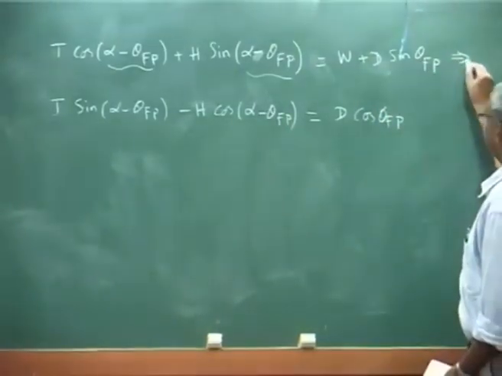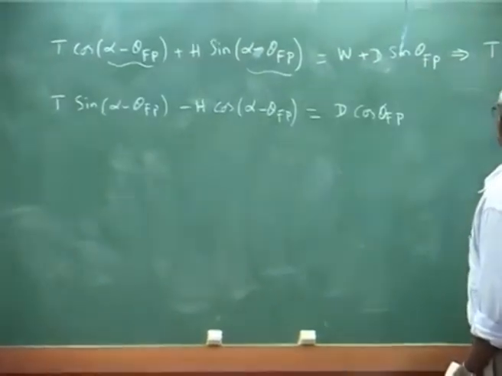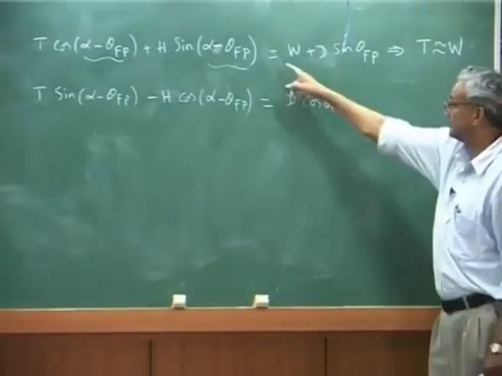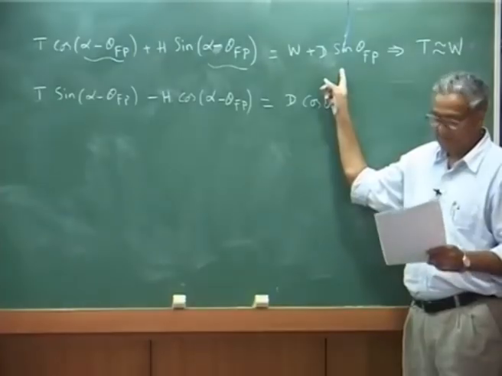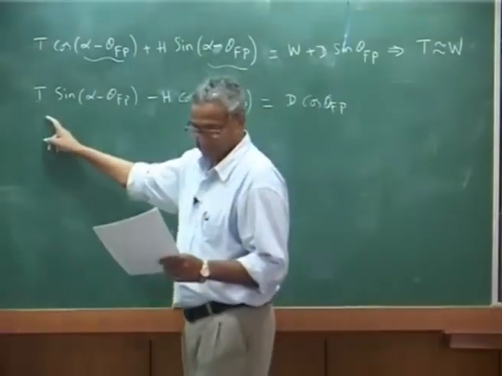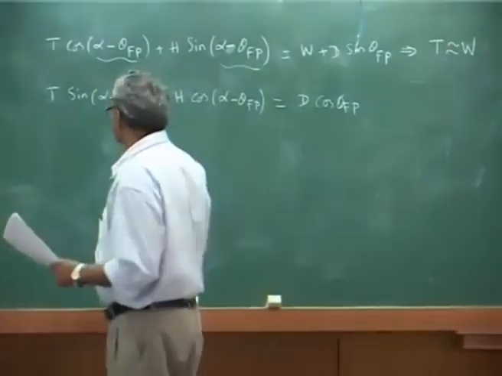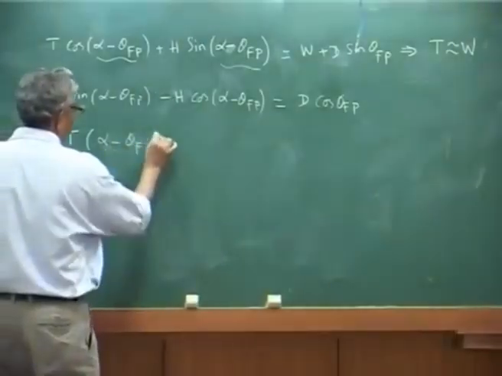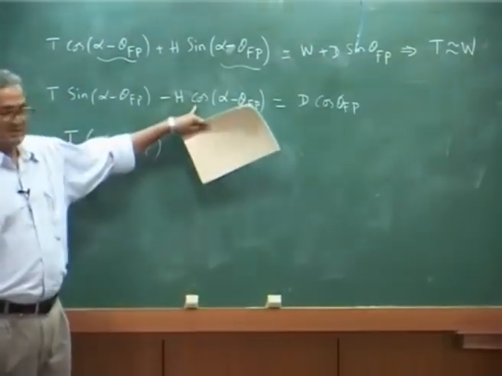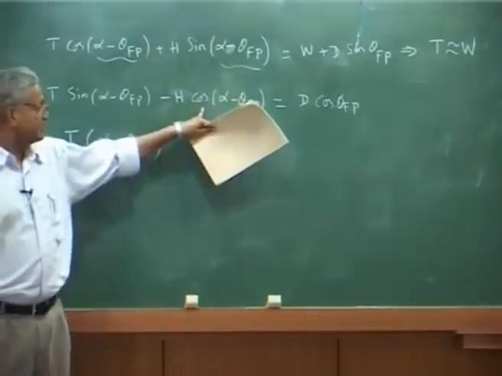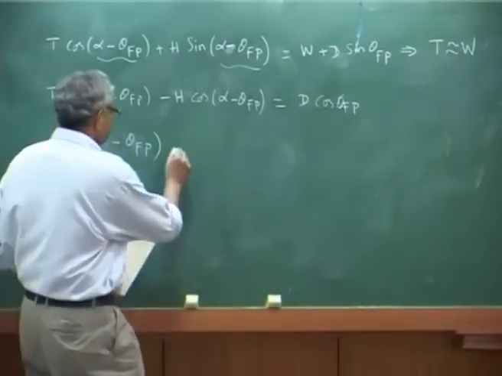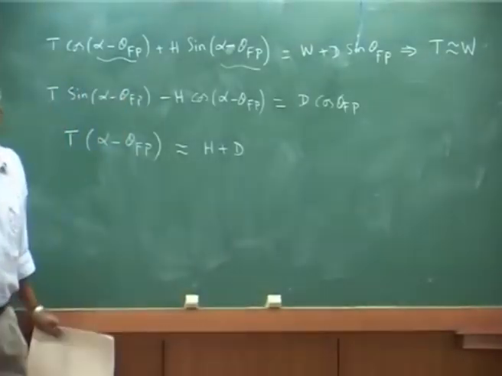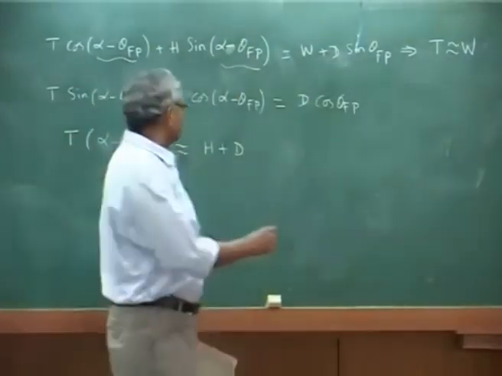So, I am writing here T is approximately W from this equation. Okay. Now, from this equation, T into alpha minus theta f p, this is cosine, so these angles I assume small, this is H plus D. I am just taking H to that side. Okay. This is this equation.